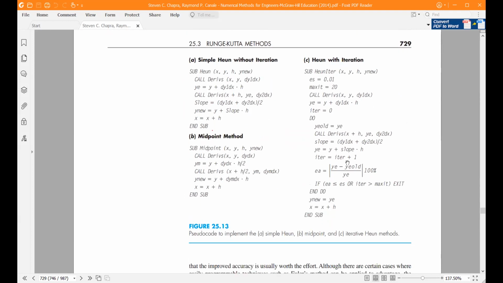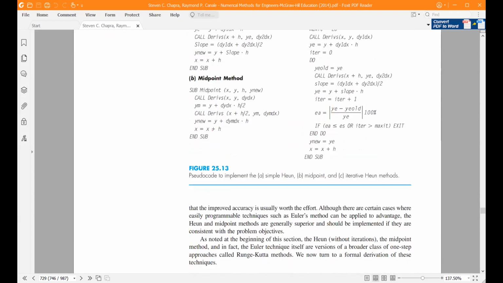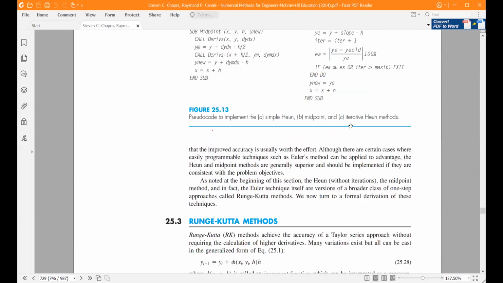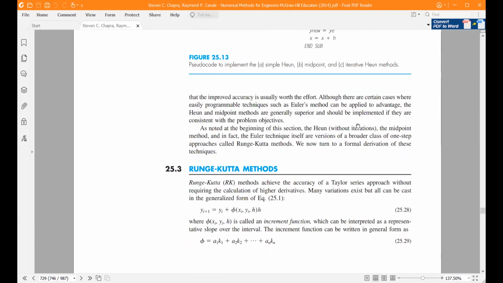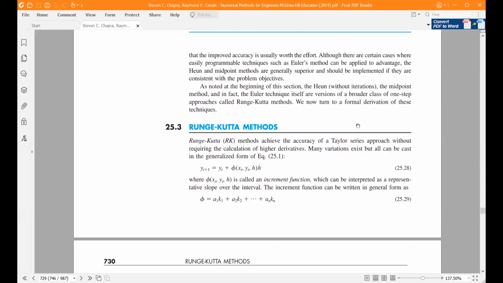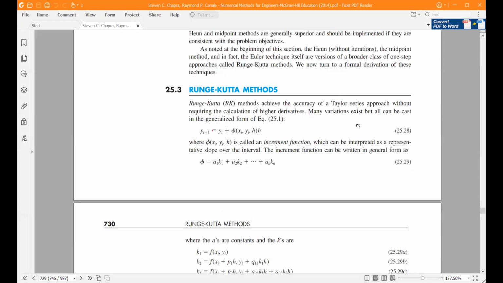A summary is there, and there is something you can do at this point if you want. An example is there, which I have already given to you. Rather than doing a fictitious example, which is there in your book, you can take an RL circuit or whatever electrical system you have learned in your earlier level that involves a differential equation. Pick a first order differential equation from them and try to apply these three variants.